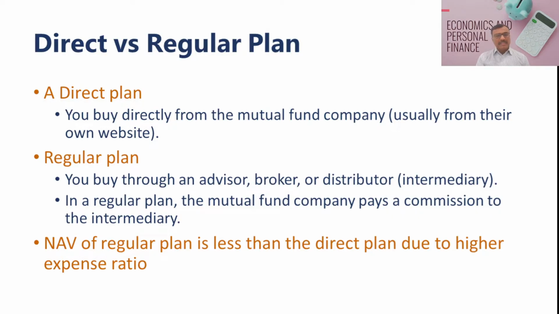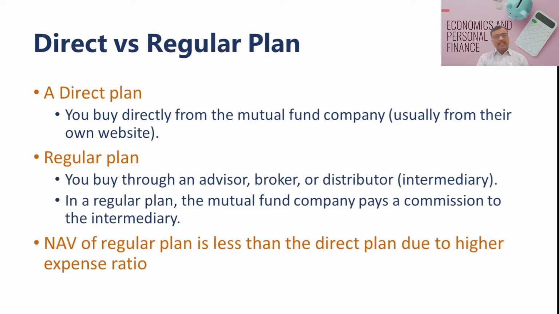For these services, the distributors receive commission from AMC as long as you remain invested in a regular mutual fund plan. Of course, the AMC adds this commission to the expenses of the regular plan. As a result, expenses of regular plans are higher than those of direct plans.